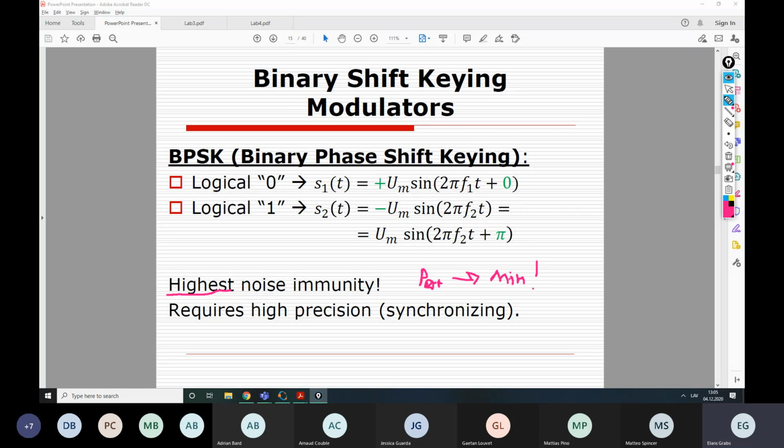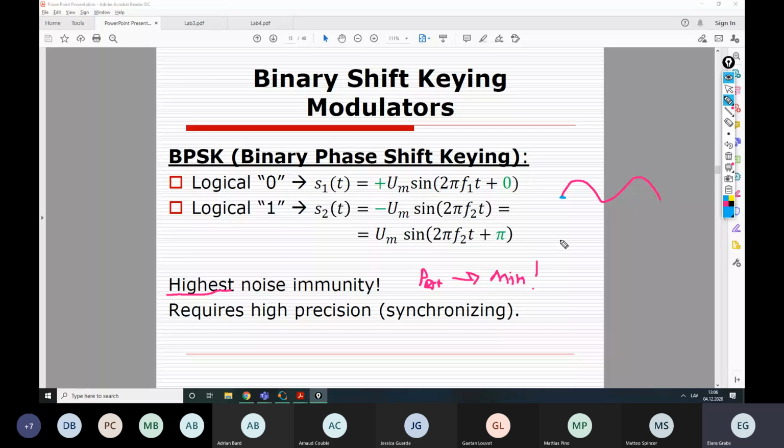However, this requires some high precision synchronism, right? The idea is that the information is hidden inside this initial phase. So when we have a harmonic signal received, as it will turn out later, at the receiver, you need to generate precisely the same initial phase signal.